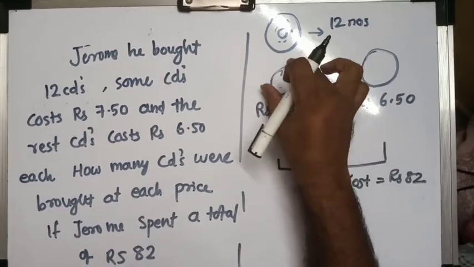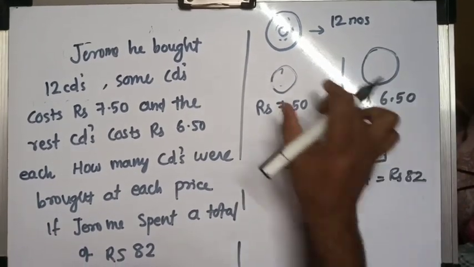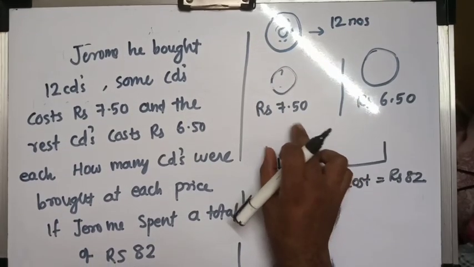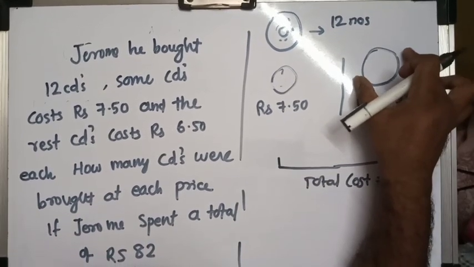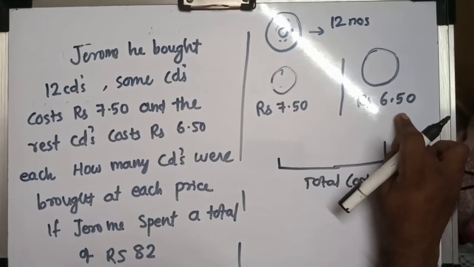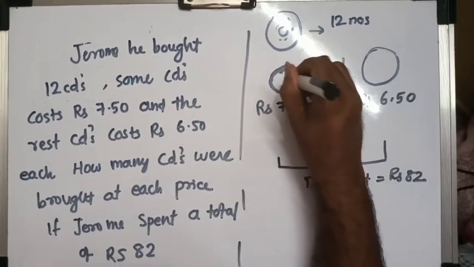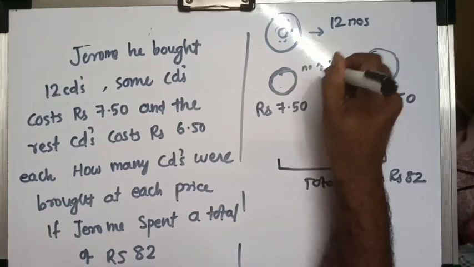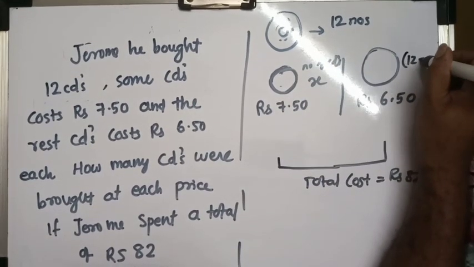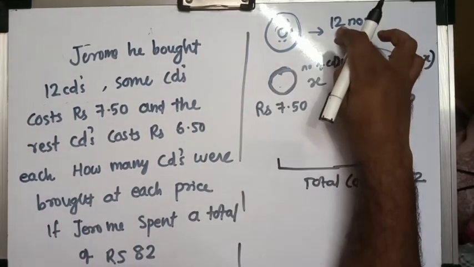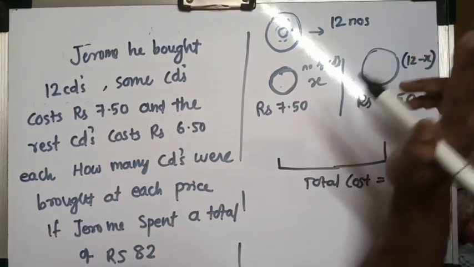So now we have to see how much money it takes to buy the CDs whose each cost is 7.50, and how much it costs to buy the CDs whose each cost is 6.50. Now let the number of small CDs be X. There are 12 CDs in total. If this is X, the rest will be 12 minus X. Suppose out of 12, 10 are small CDs, then big CDs will be 12 minus 10, that is 2.